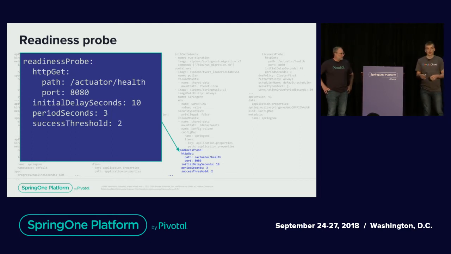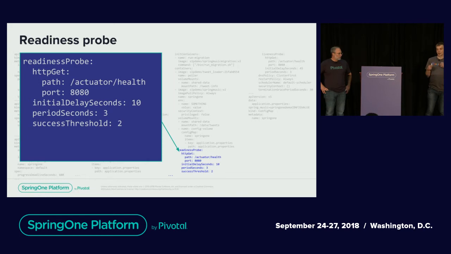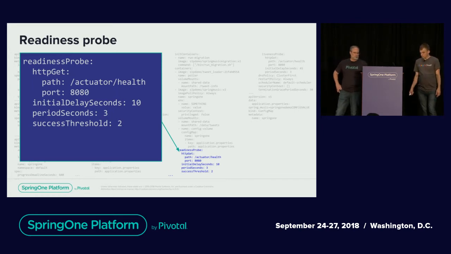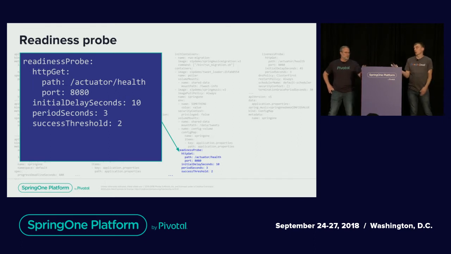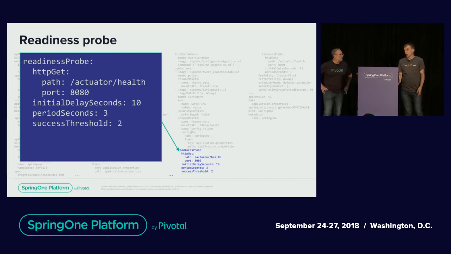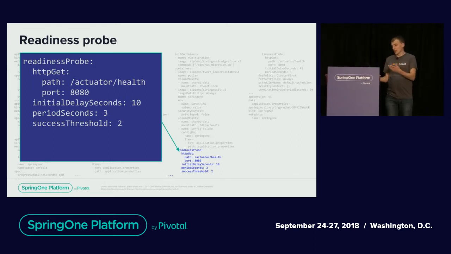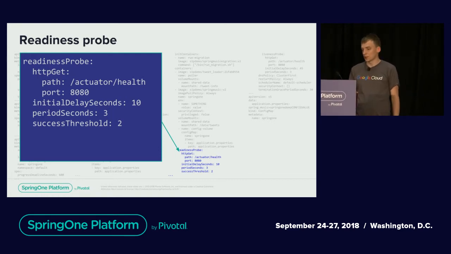It will run some command and try to access your web service or check a file on disk or something, and check if it's successful, then the pod is ready and can serve traffic. And this is where you can use actuators from Spring and add your own actuators, and check if it's healthy, then start serving traffic.